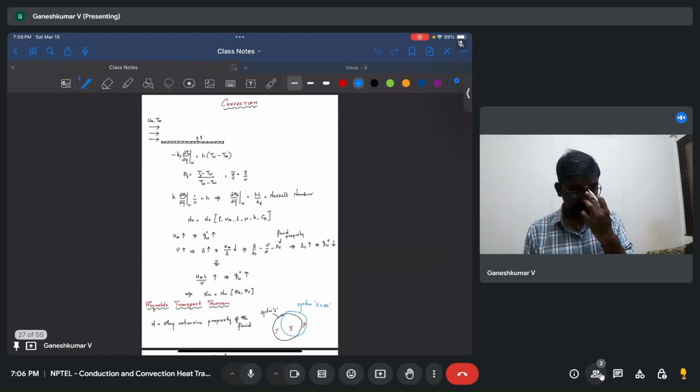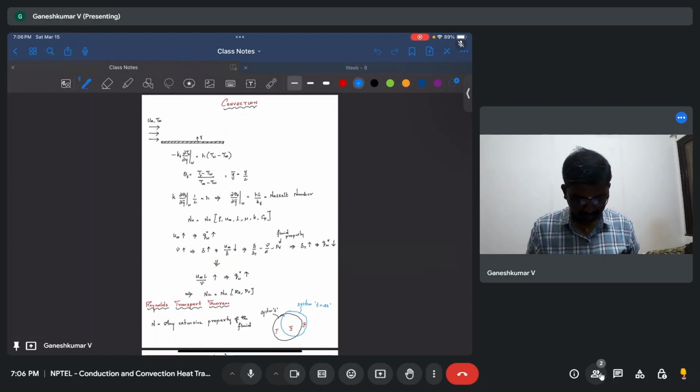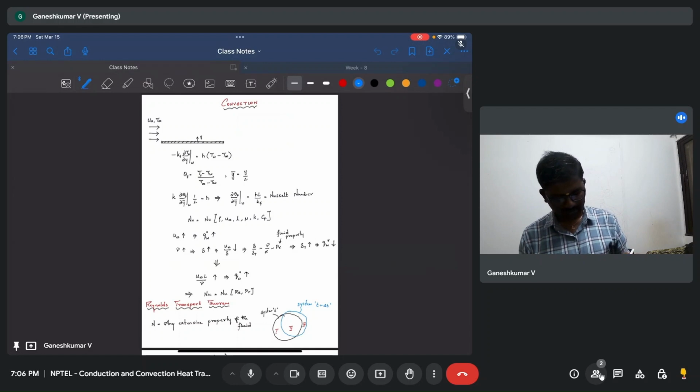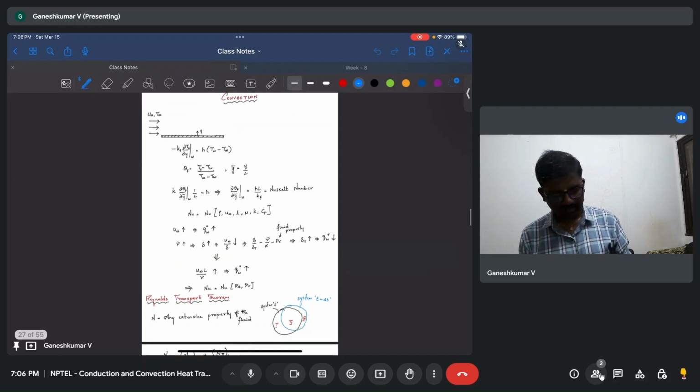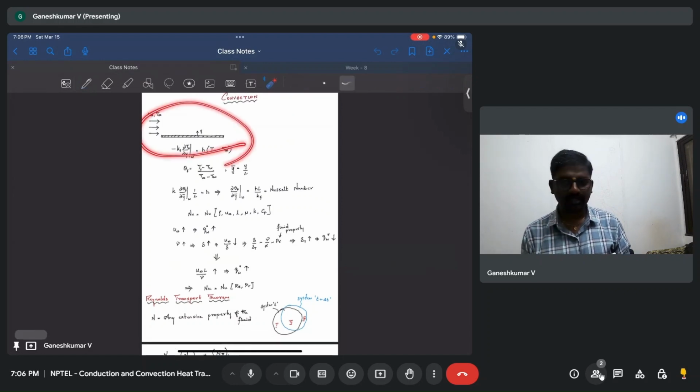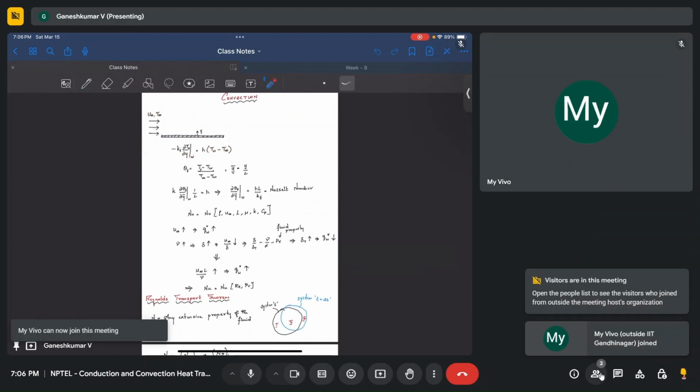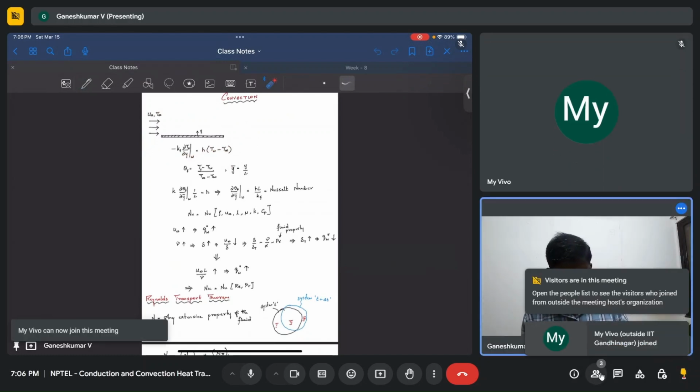Now let's quickly go through the derivations. As I said, we started convection. And we initially thought in this way: there is a flat plate and the flow is going, and now if you want the heat flux, it's just an energy balance across the interface.